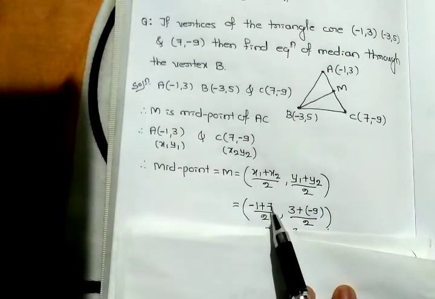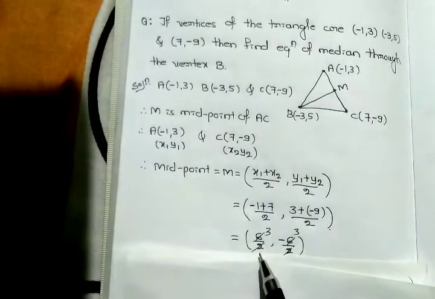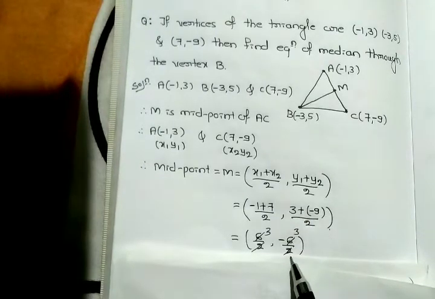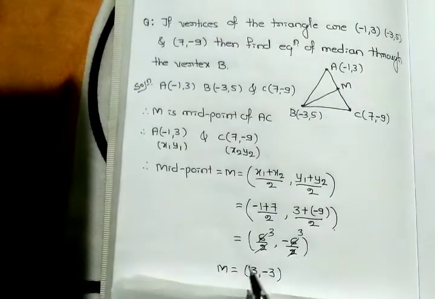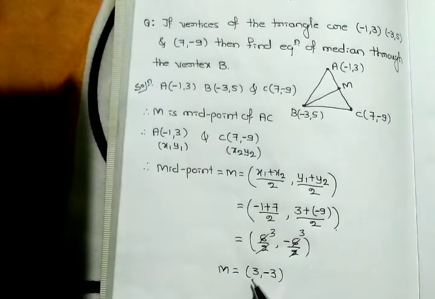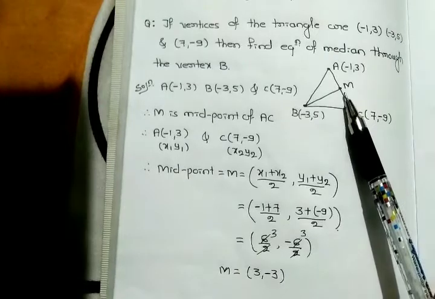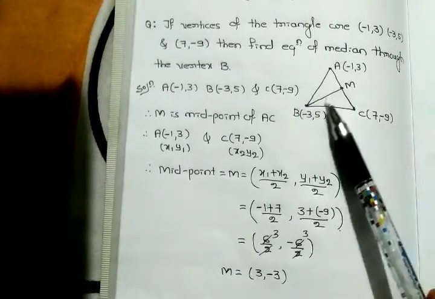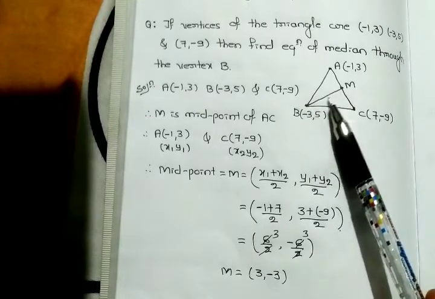Therefore minus 1 plus 7 is 6 divided by 2 comma 3 minus 9 is minus 6 divided by 2. Cancel 2 1s are 2, 2 3s are 6. So what is the midpoint value here? M value is 3 comma minus 3. So you got the M value. Now using B point and M point we need to find this line equation.